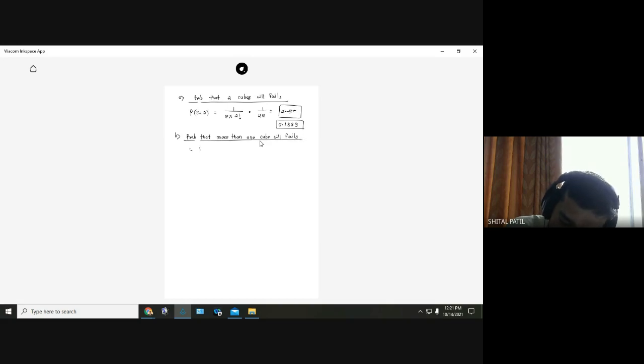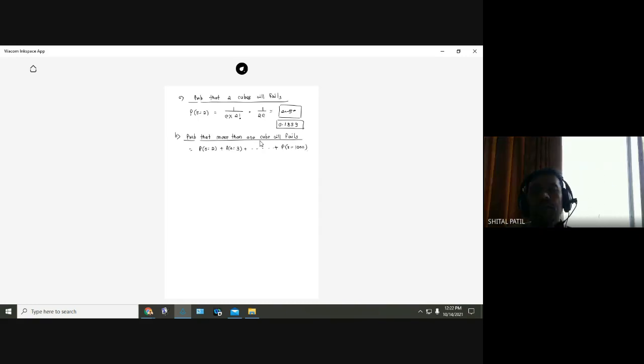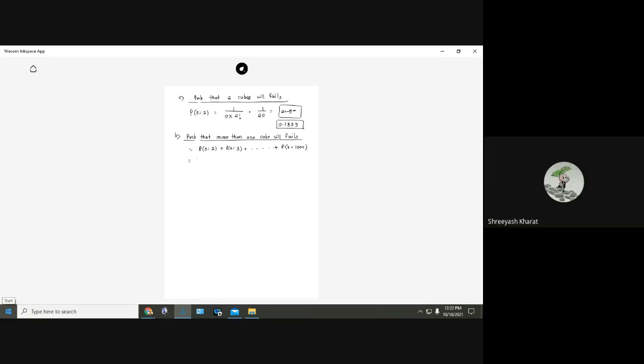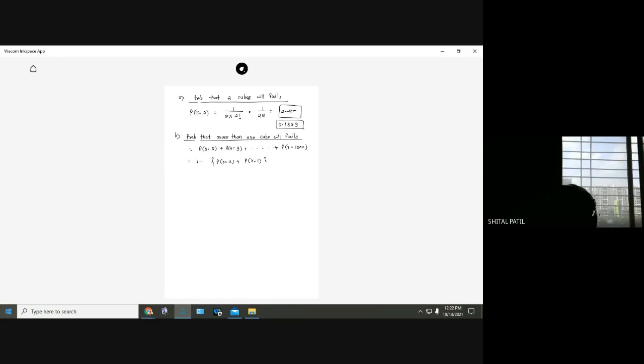More than 1 means 1 is not included. 2 cubes will fail, 3 will fail, up to all 1000 cubes will fail. But it is very difficult to find all these values. Therefore, what we have to do? 1 minus the remaining. P(R=0) plus P(R=1) is equal to 1. Very good.